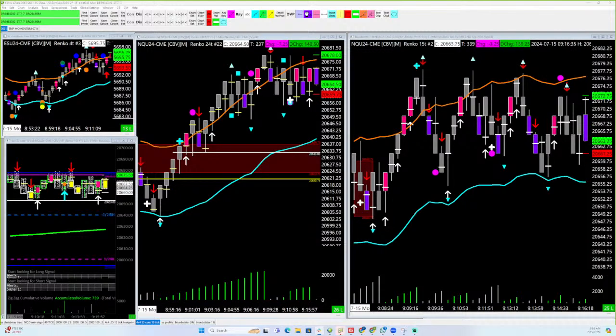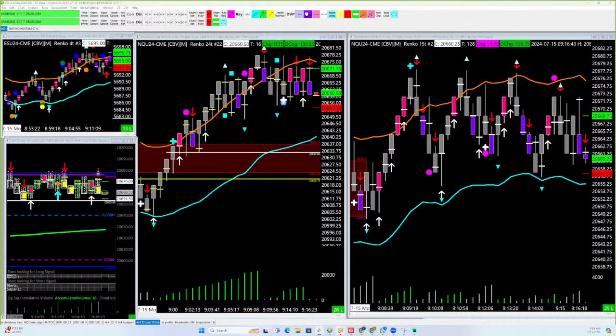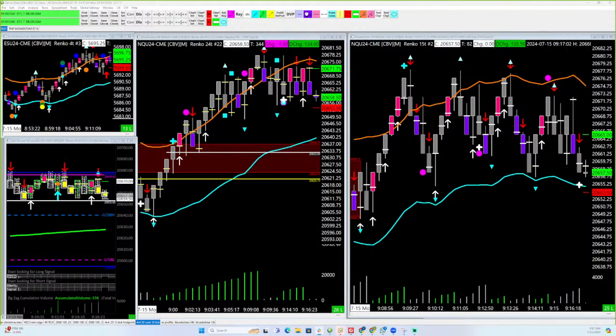And into Monday chop, bull market chop. So, caution on the overtrading, guys. You need rotation to make any of this work. We've lost it.